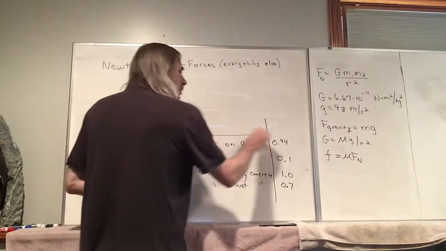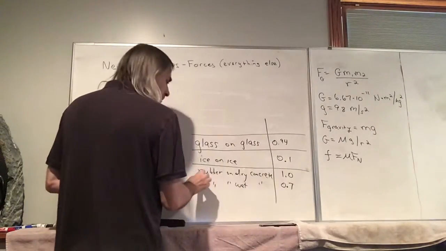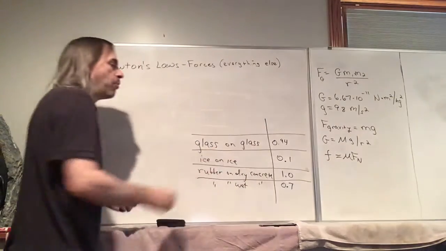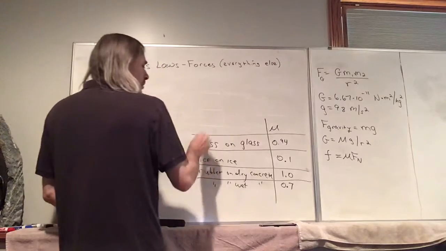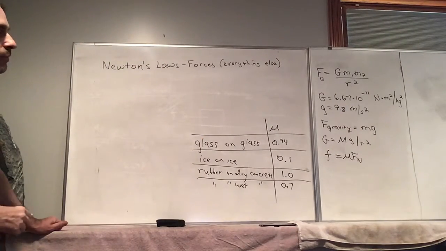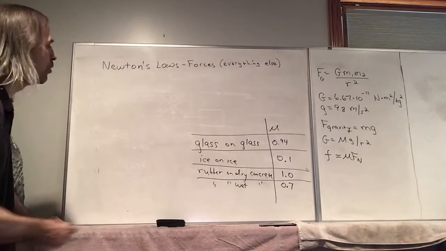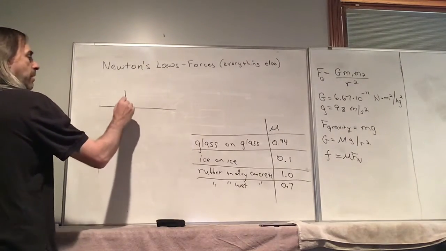There are more examples in the table, but for now, I'm just going to call that mu. Okay, but let's look at a simple example. Let's say we have a 10 kilogram mass.